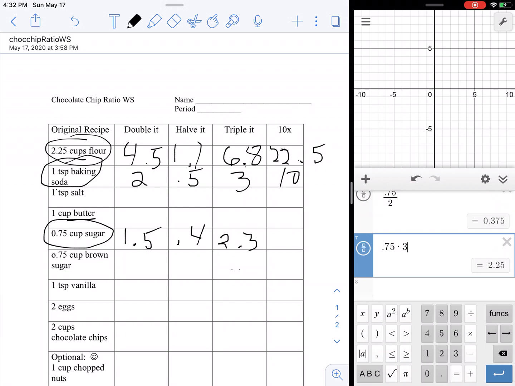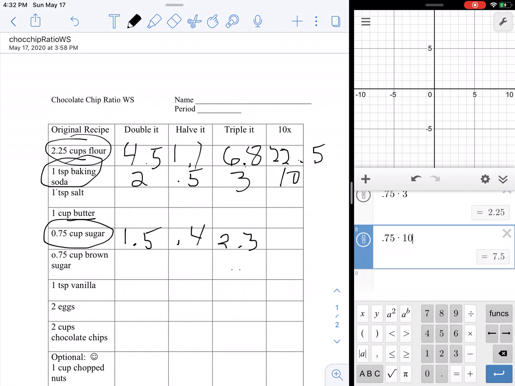And if we're going to get 10 times the recipe, we would go 0.75, and we'll multiply it by 10. And that would give us 7.5 cups. And that's how we do these types of problems. Hope that helps you out. And good luck on the assignment.